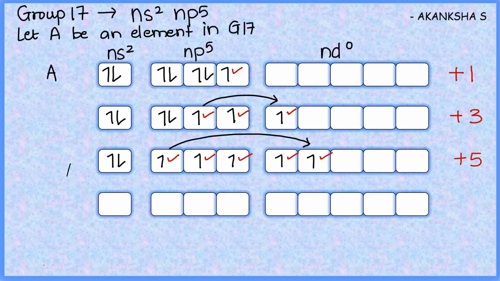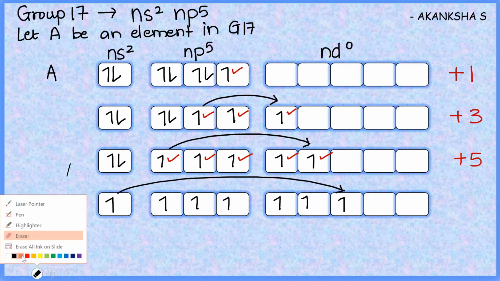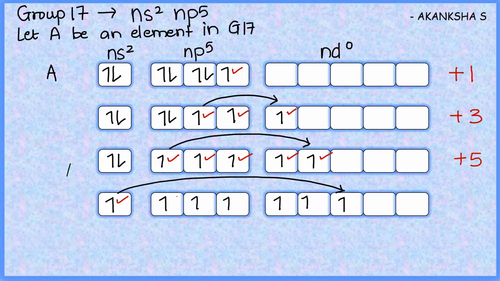What is the drill? Unpair the paired electron. Now see how many unpaired electrons: 1, 2, 3, 4, 5, 6, 7. What is it?